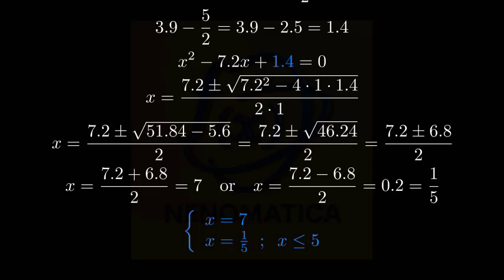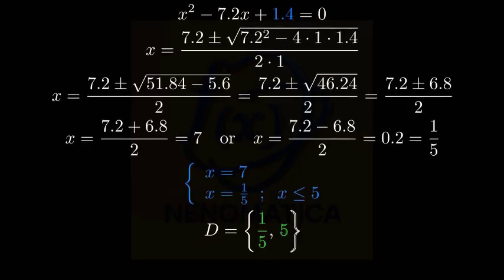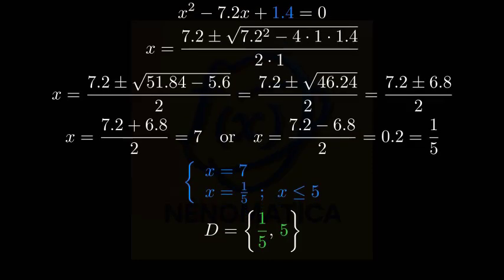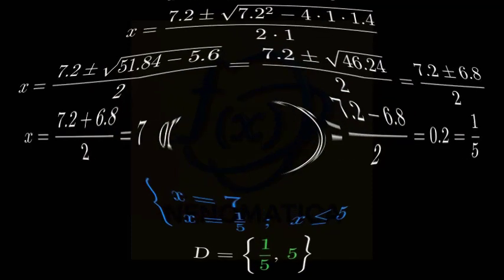Actually, we can directly rule it out because it violates our domain constraint. 1/5, on the other hand, is less than 5, so it satisfies our domain constraint. Therefore, we have two potential solutions: x equals 5 from our first case, and x equals 1/5 from our second case. Both satisfy our domain constraint, so our solution set D consists of the values 1/5 and 5.